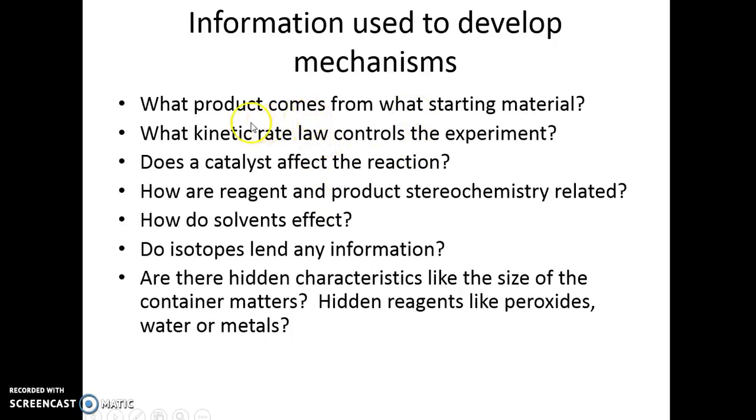There's a lot of things you could take into effect here: how the solvents work, what stereochemistry is going on there. Can you run the reaction with isotopes? We do this a lot, but we're going to simplify this down to what is the product, what is the reagent, and what possible mechanism would make sense under these conditions?